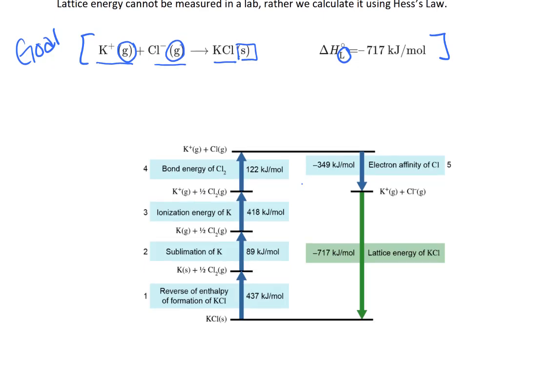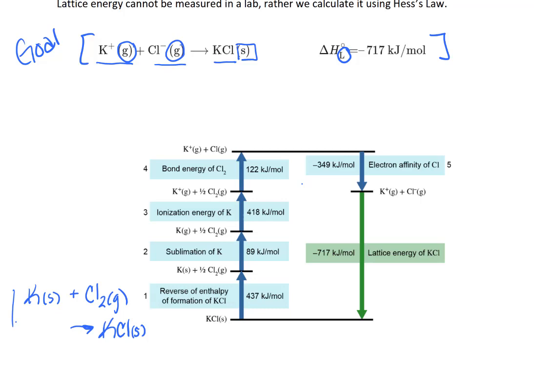So the enthalpy of formation is going to be from elements in their natural state. So potassium solid, chlorine gas as a diatomic, forming KCl solid. So what we need to do is take this as our starting point.